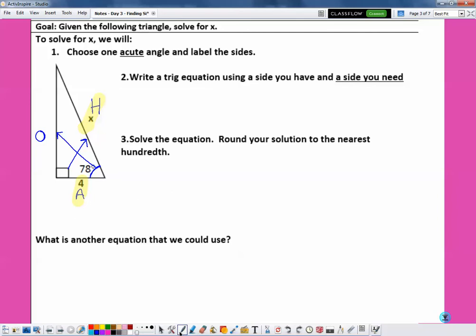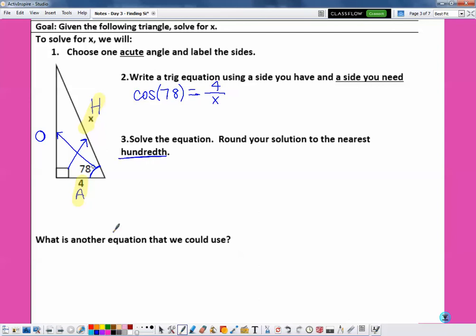So since we have A and H, we're going to want to use cosine. So the trig equation would be cosine of 78 degrees is equal to the adjacent side of 4 over the hypotenuse of x. So now we need to solve this equation, and we're going to round our solution to the nearest hundredth.